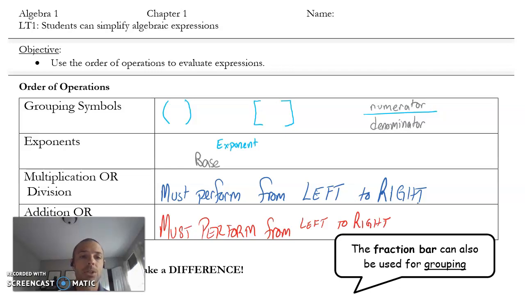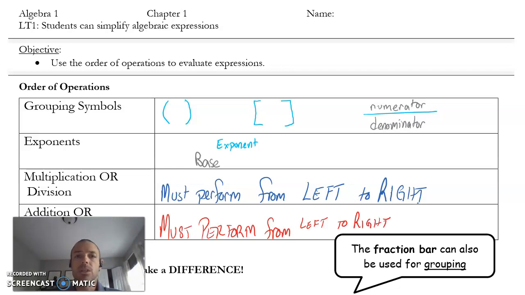Second in the order of operations, after you've simplified any algebraic or numeric expression inside of parentheses, is to simplify any exponents. And third is multiplication or division. This is key. A lot of people mix this up. You don't always multiply before you divide. You go from left to right.